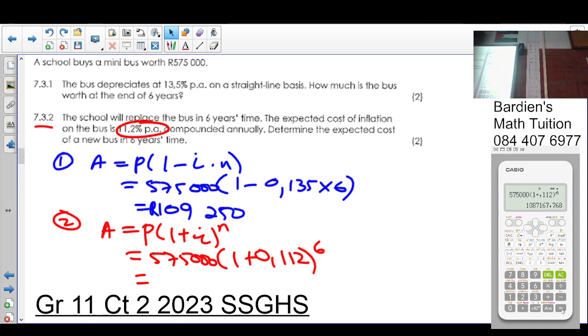Now what's the cost of the taxi in 6 years' time with a minibus? 1,087,167 rand and 77 cents. Yes. Sorry? Determine the expected cost of the new bus.